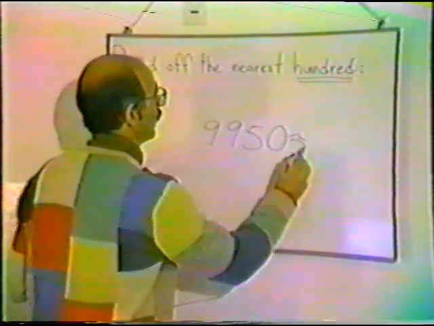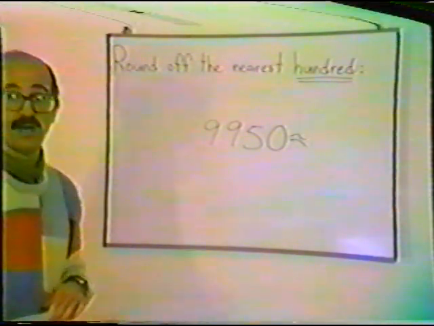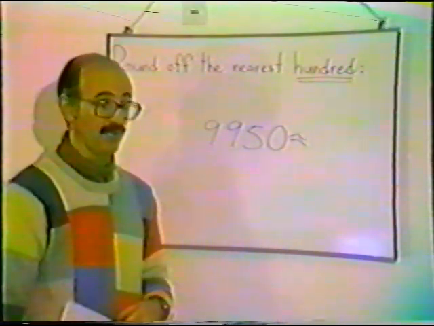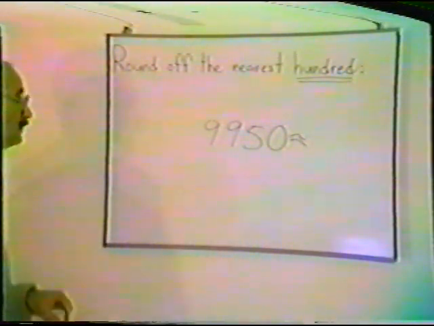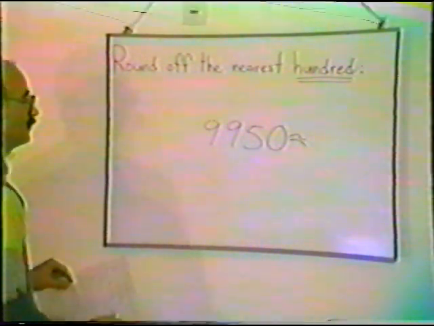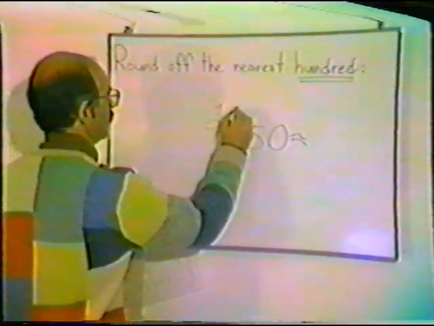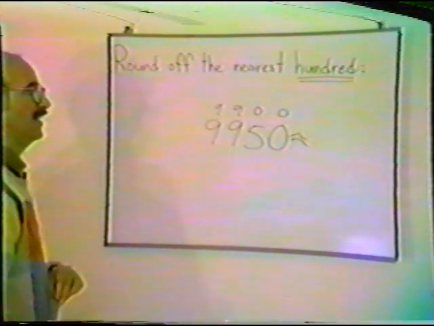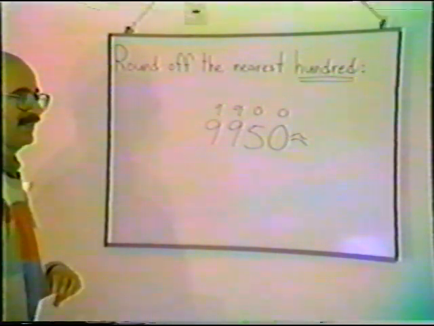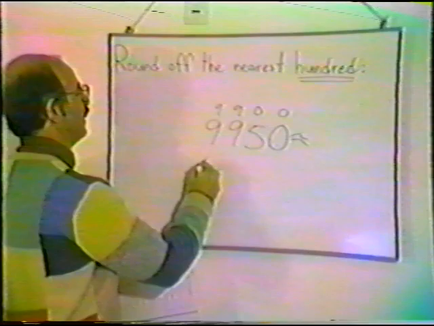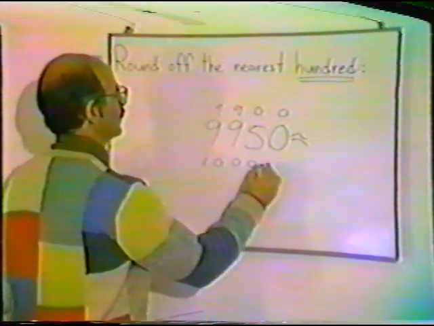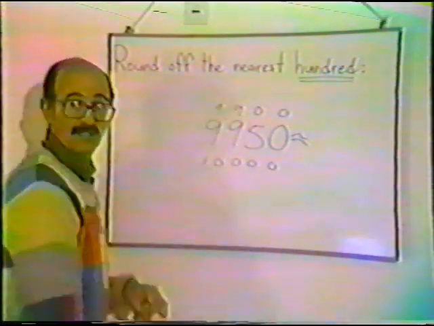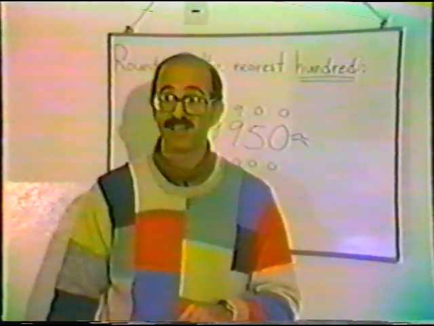9,950. Counting by hundreds, what two numbers is that number in between? 9,900 and 10,000. 100 more than 9,900 is 10,000.